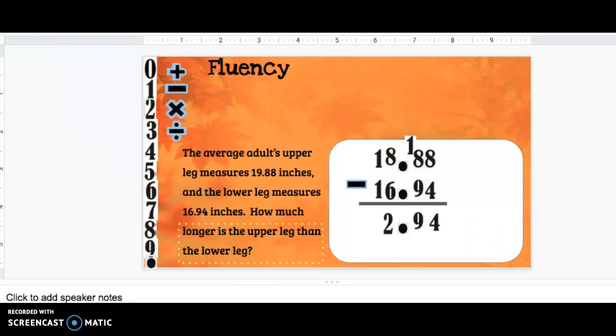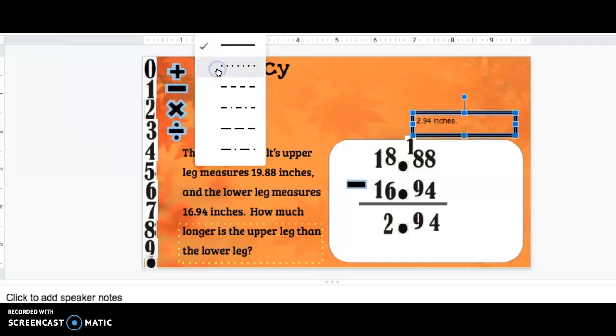So I'm going to insert the text box now for you, but it's going to be there for you to type above the problem where you can put your answer in it. I want you to make sure you put your answer in this text box. So 2.94 inches. I'll outline it right now so you guys can see what it's going to look like.